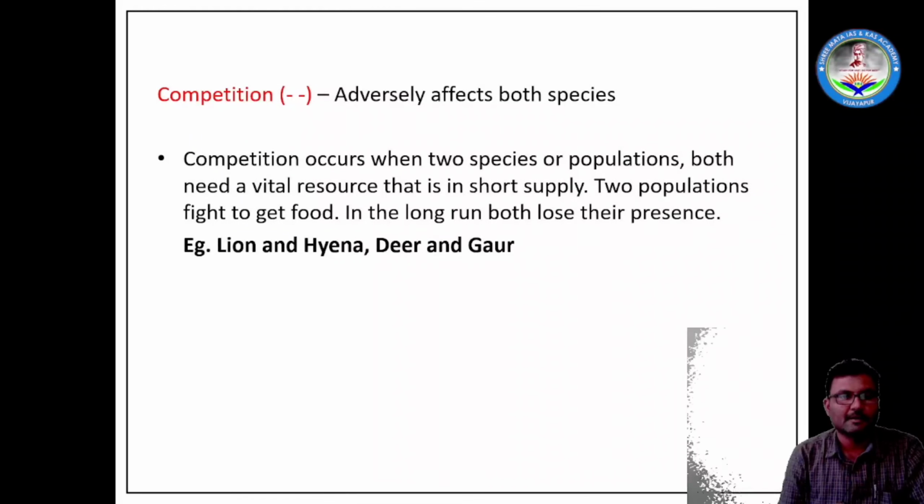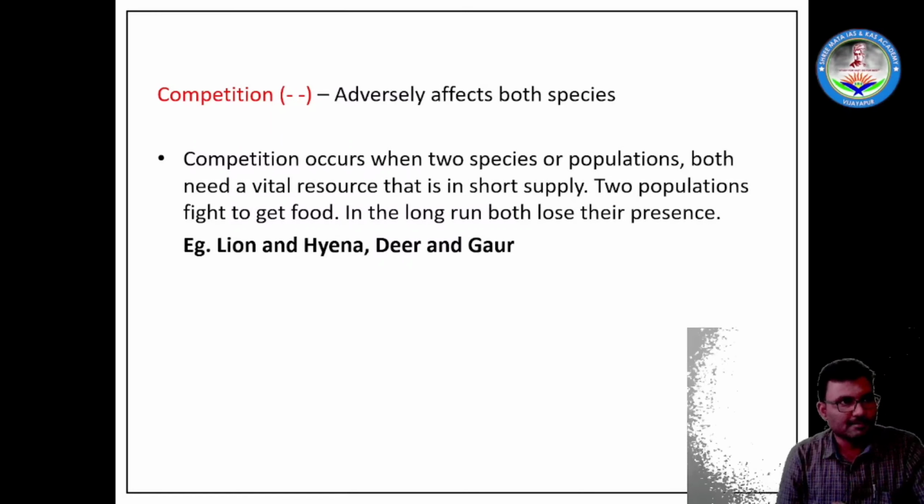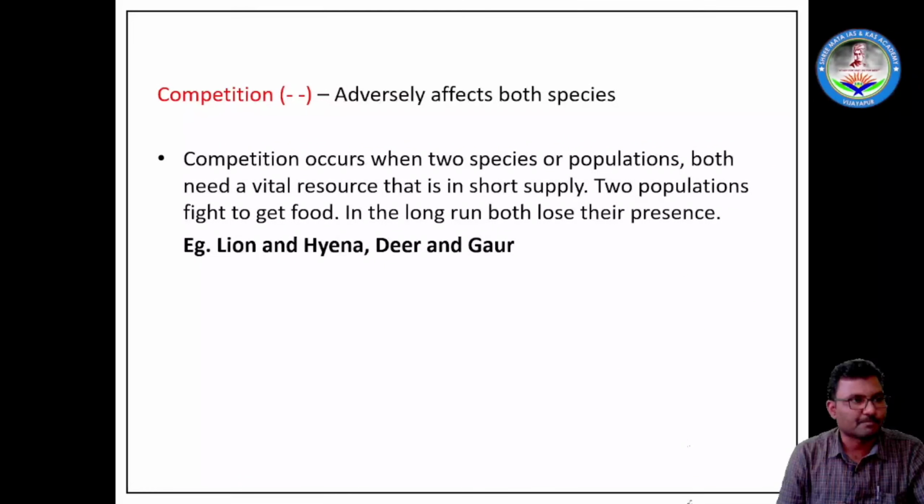Take lion and hyena. They live in the same premises, but they are always in competition to get food. If one is constantly getting food, the other will suffer. They always fight each other to get food.